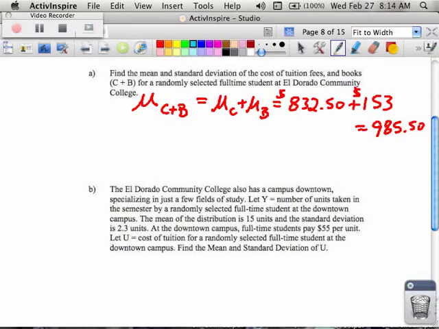Now, a special note here: the standard deviation of the cost and the books can't be done. Anybody know why? We find the variance of each one, and you add the variances together. Definitely on the right track, but something kind of subtle.